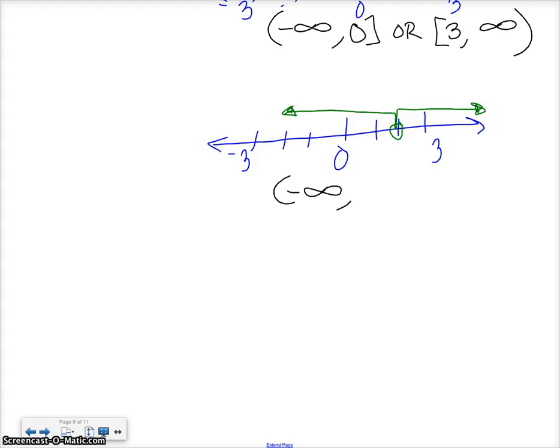So I go negative infinity, following it to the right, to this number. What is this number? 2. It's 2 not colored in, so parenthesis. Or, I'm still at that number, right? Tricky. I'm still at 2, going all the way to positive infinity.